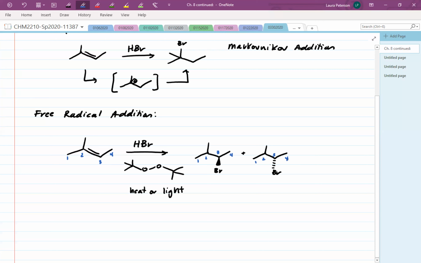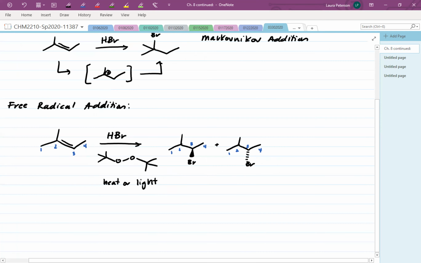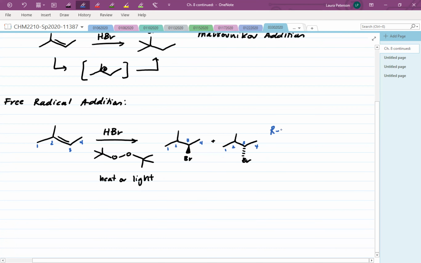And at carbon 2, we added an H. This would be an example of an anti-Markovnikov addition. This is a regioselective reaction for the anti-Markovnikov product, because we end up adding the halogen to the less substituted side and the hydrogen to the more substituted side. Let's make a note of our regioselectivity over here. This is a regioselective reaction, regioselective for the anti-Markovnikov product.